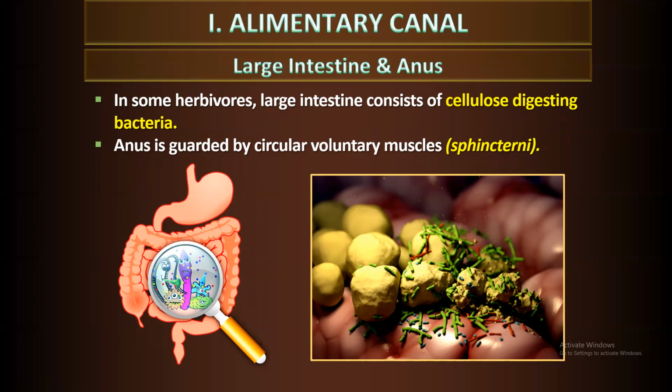Herbivores mostly eat plants. The plants are made up of plant cells which have cell wall. The cell wall is digested by the action of the cellulose digesting bacteria releasing the enzyme called cellulase. And the anus is guarded by a circular voluntary muscle which is called sphincter.